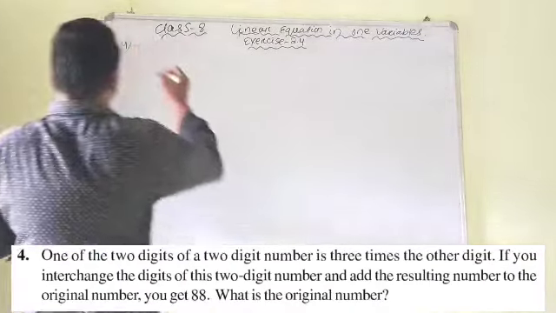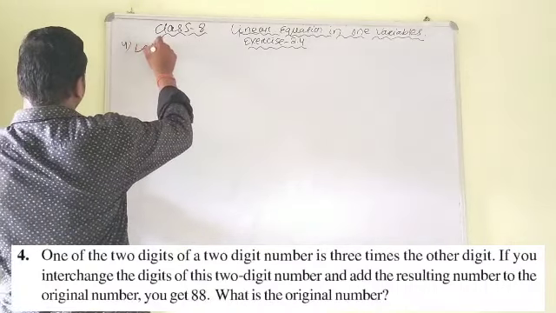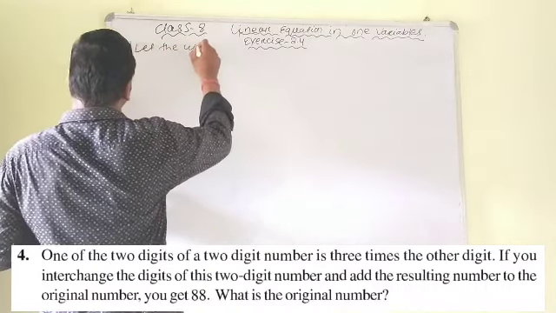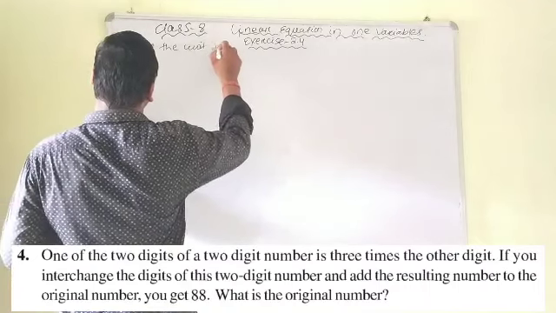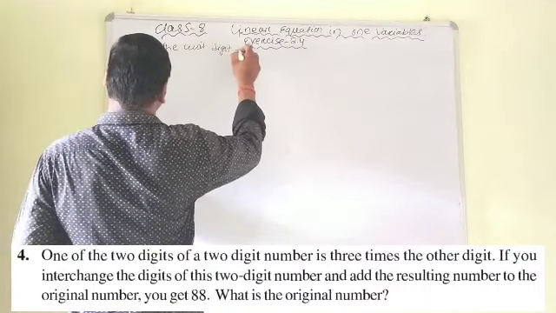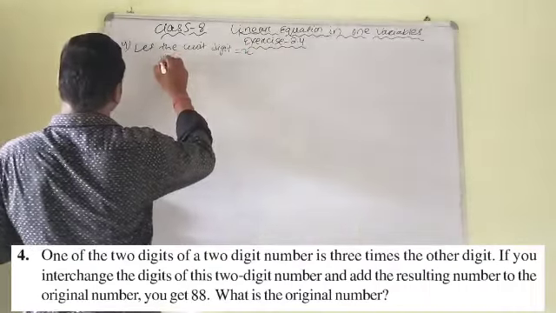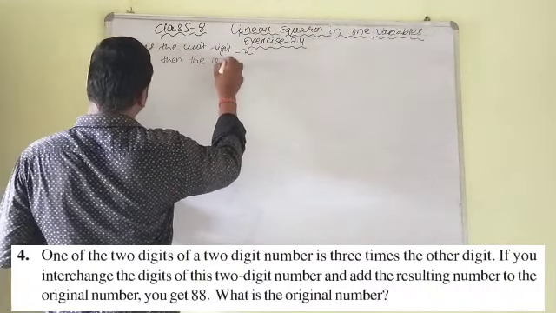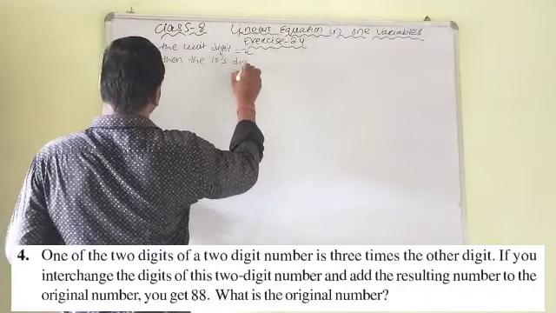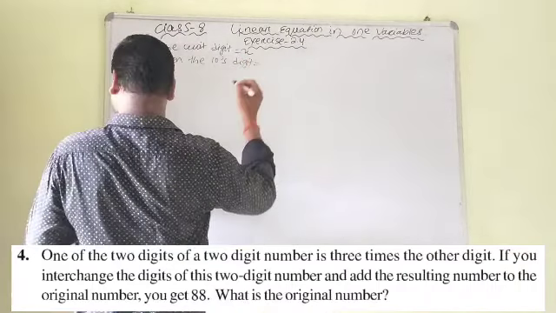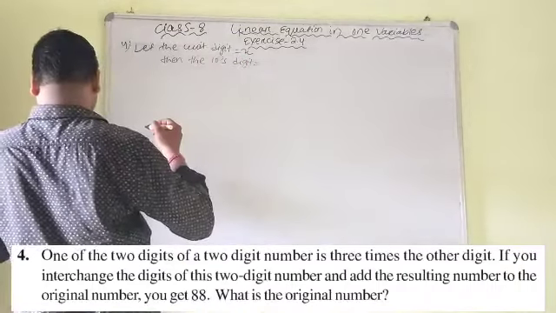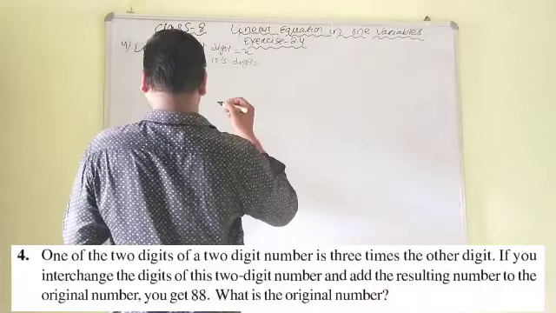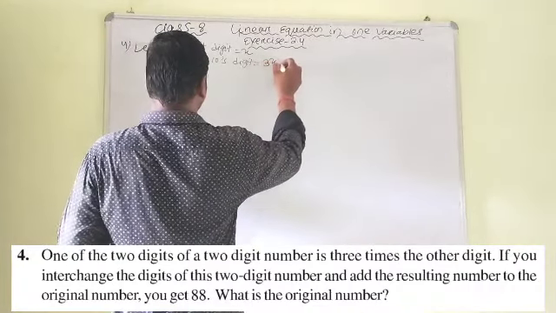So we'll write down, let the unit digit be x, then the tens digit is equal to 3 times the other digit, that is 3x.